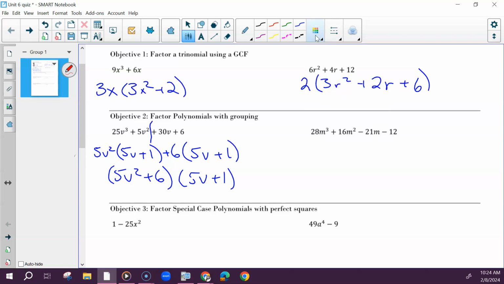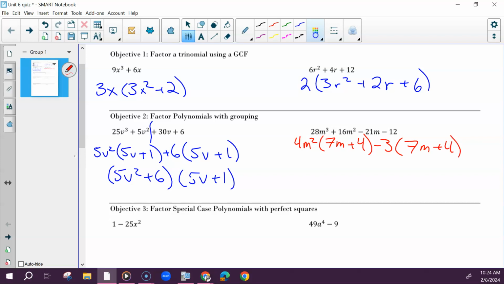Okay, and then same thing on this side. Find the GCF of the first 2. We can divide these both by 4 and m squared, leaving 7m plus 4. We can divide these last two by -3, which will leave us with 7m plus 4.